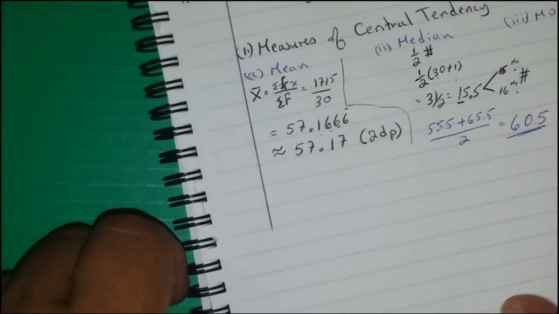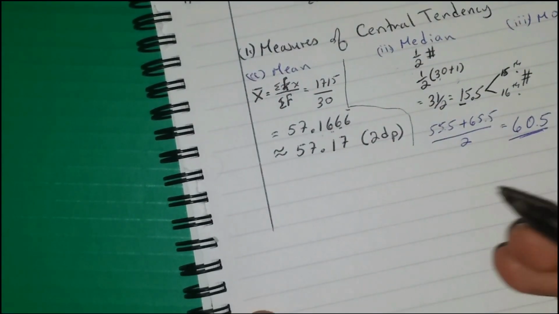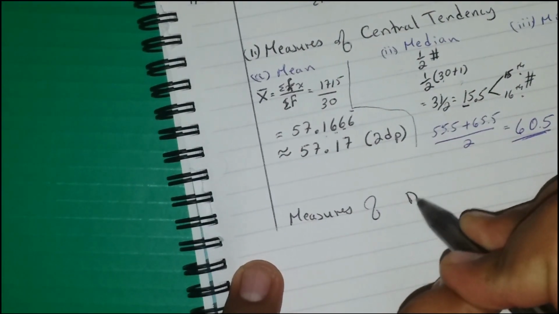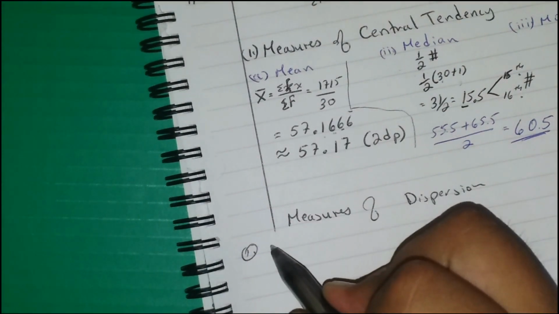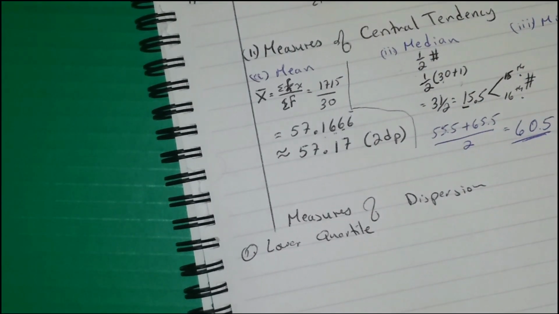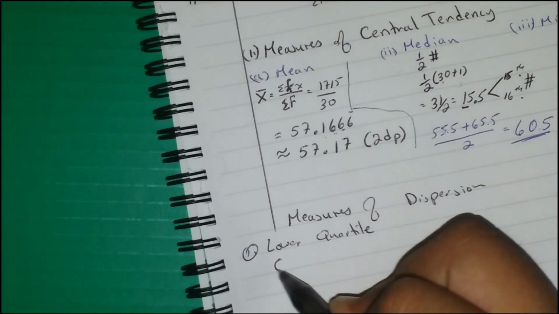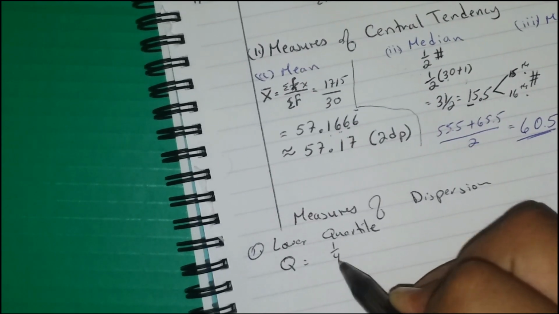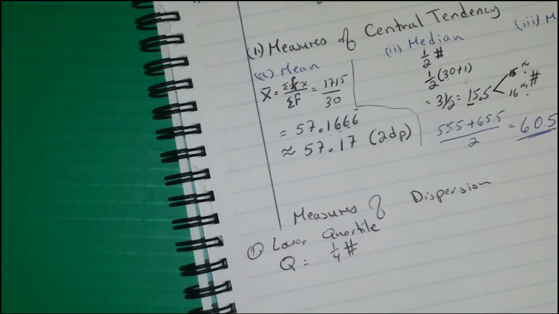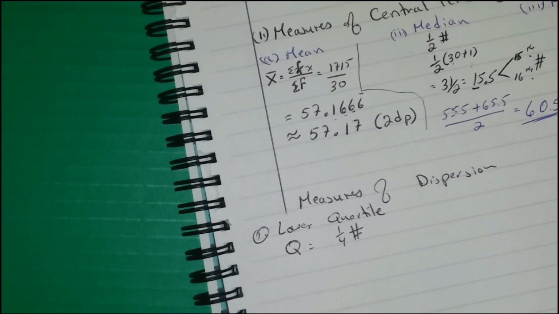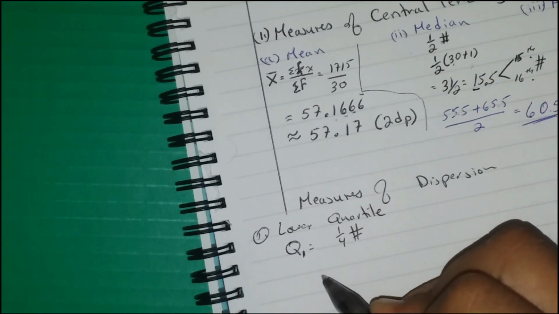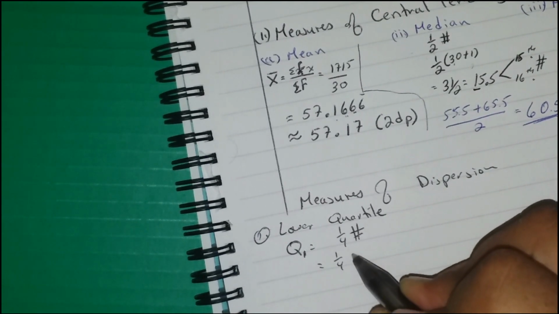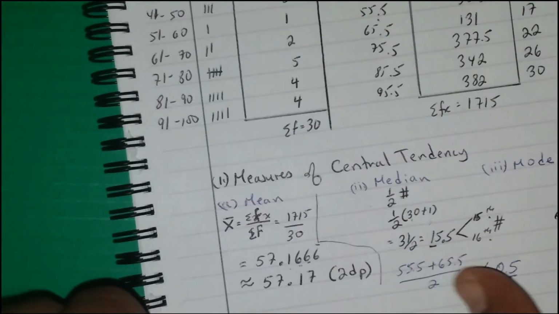To continue, we want to take a look at the measures of dispersion. Our first measure of dispersion is the lower quartile, which is the 1/4 number, or Q1. This is always going to be our 1/4 number, and it is going to be 1/4 of the total amount of numbers that we had in our data.